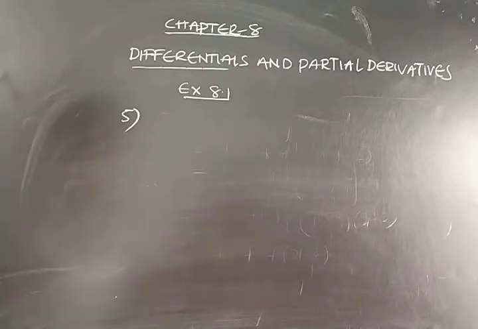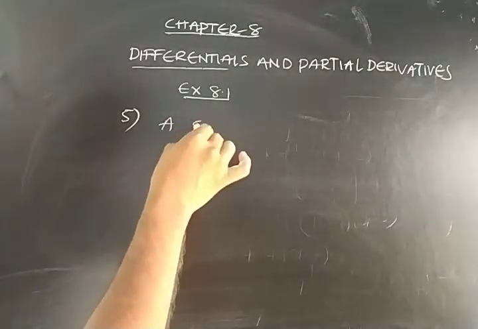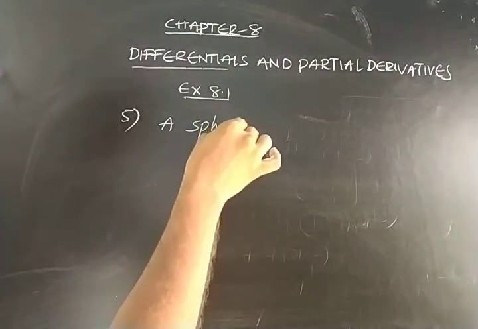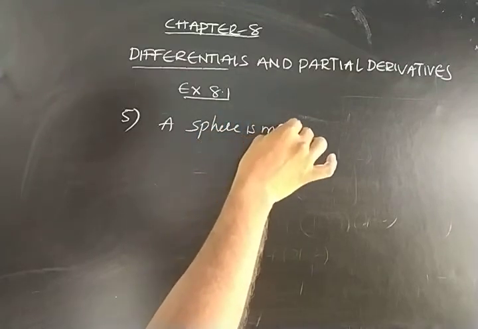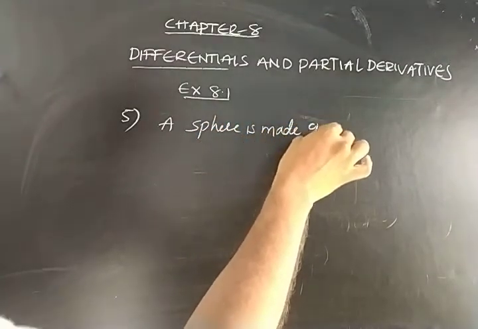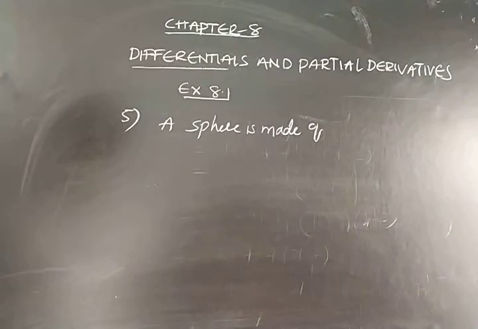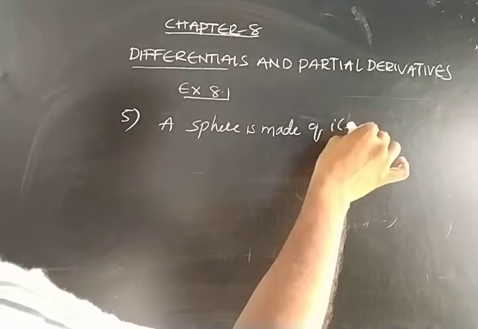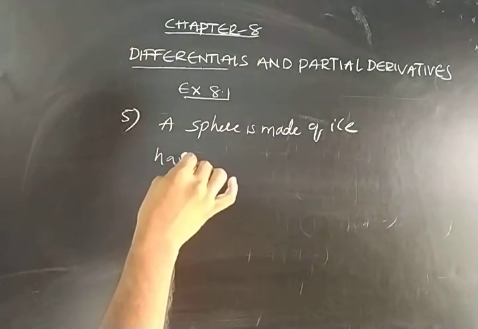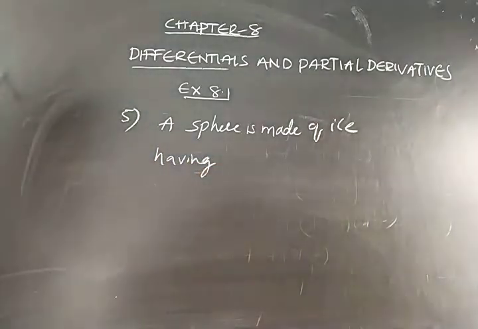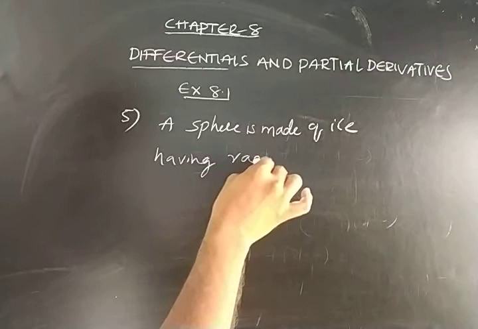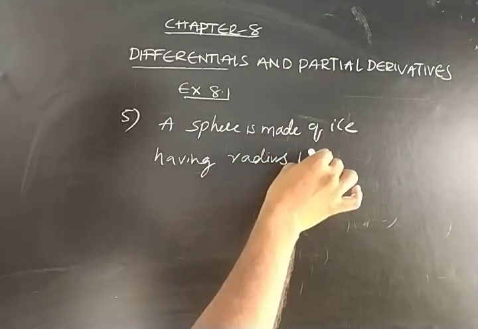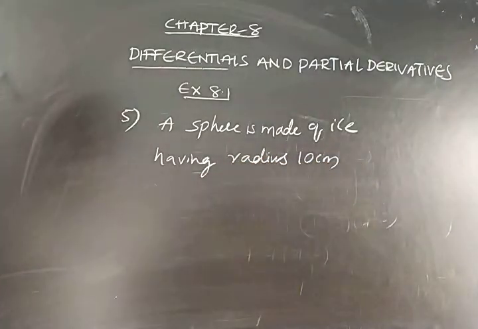A sphere is made of ice having radius 10 centimeters.